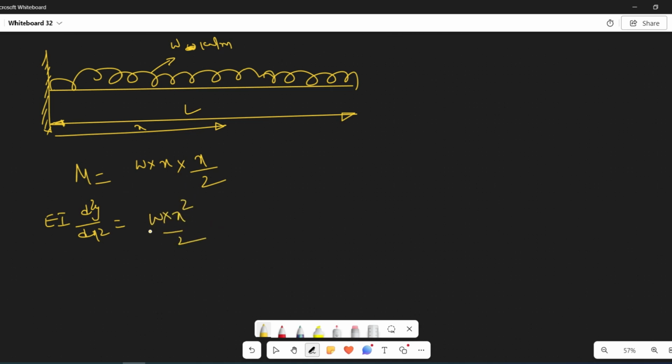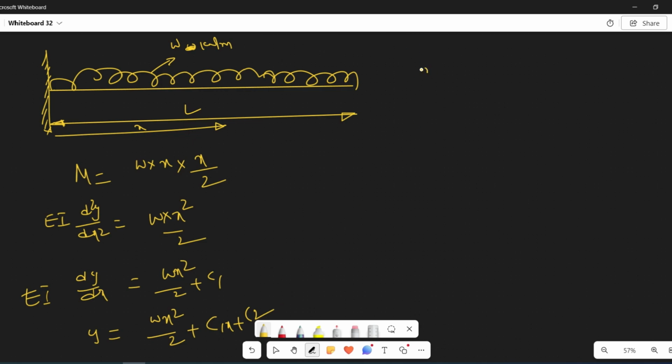Now integrate it, you will get dy by dx equal to W into x cube plus C1. Again integrate it, W x to the power 4 plus C1 x plus C2.